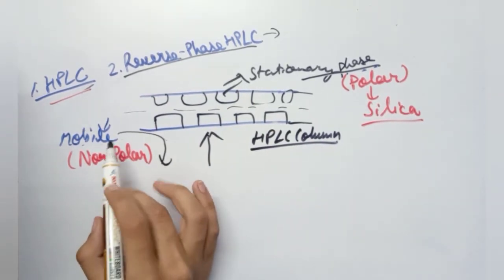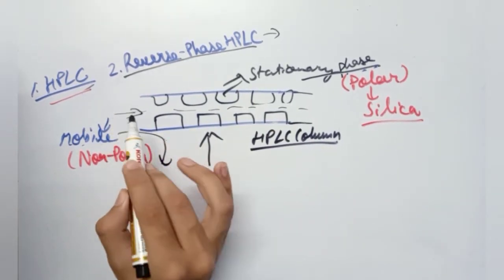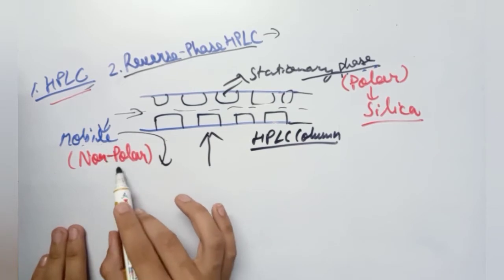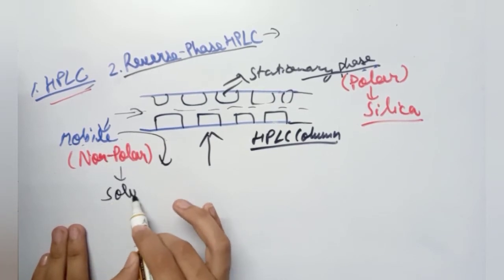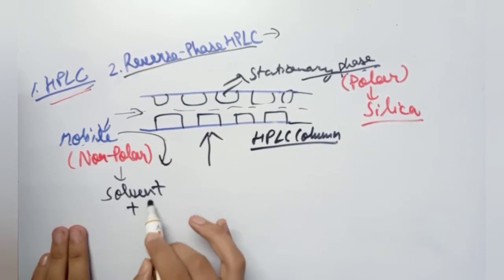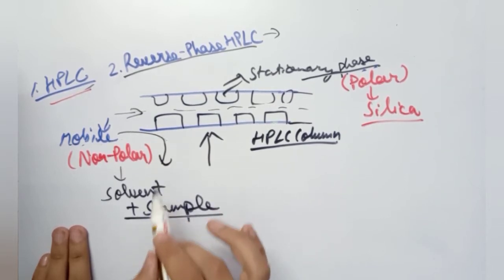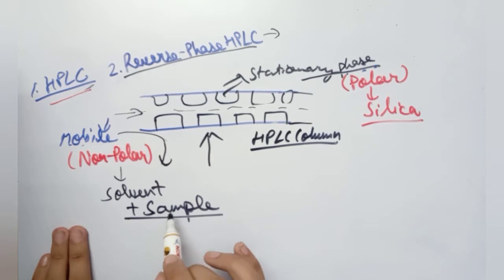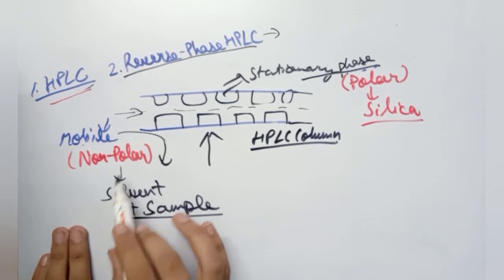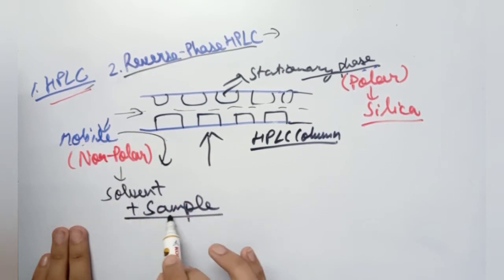So the mobile phase which reaches the HPLC column not only contains the solvent, but it also contains the sample. I have told you earlier, the sample is injected into the injector, and from there the mobile phase gets mixed up with the sample.